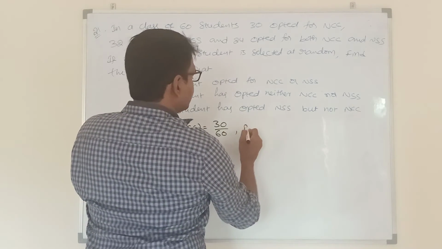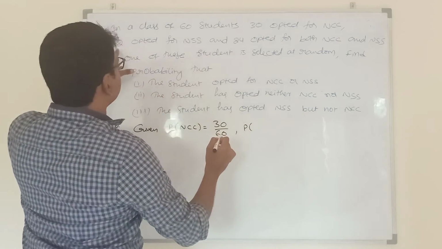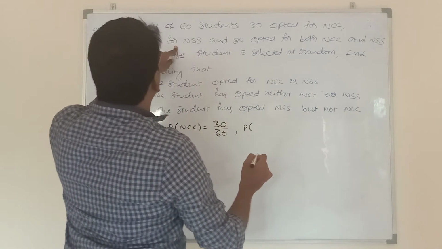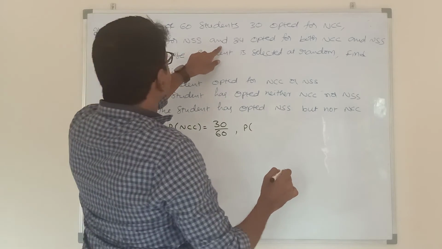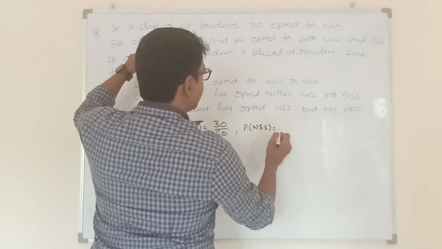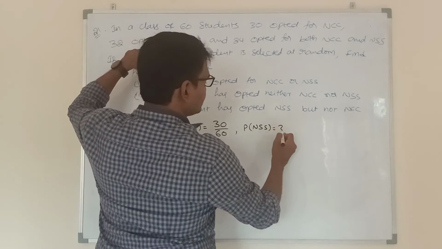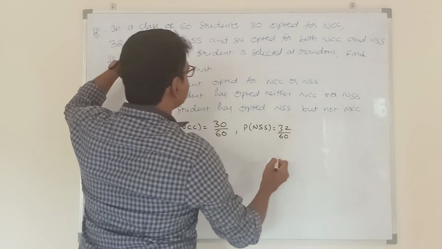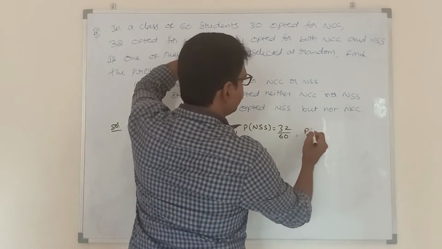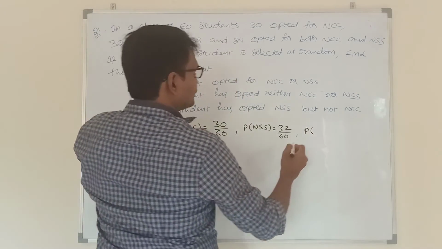Next, 32 opted for NSS. The probability that a student opted for NSS is 32 out of 60. Next, 24 opted for both.